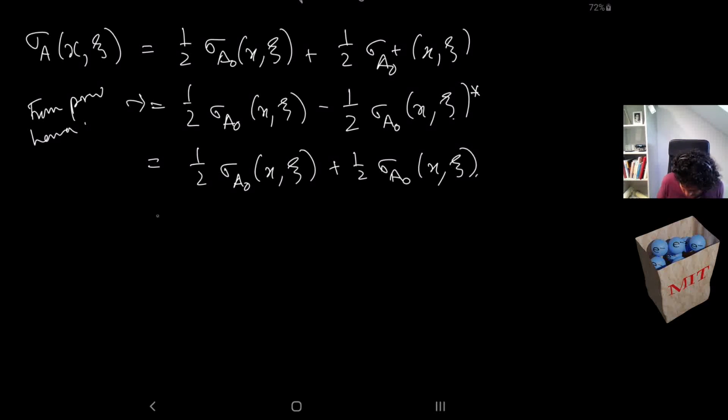So this is equal to A naught xi. Okay, so this shows that we now have an adapted operator. For Dirac type operators, we have a self-adjoint adapted operator on the boundary.